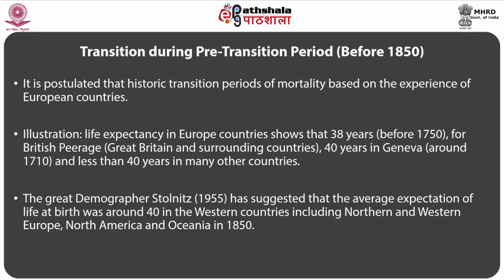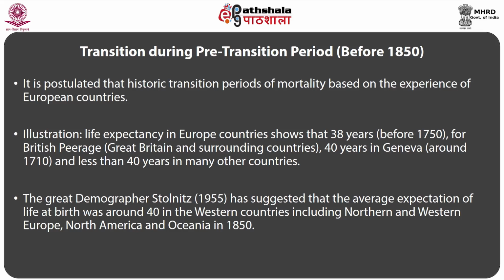Transition during pre-transition period before 1850. The historic transition period of mortality is postulated based on the experience of European countries. As an illustration, examining the life expectancy in European countries shows 38 years before 1750 for British peerage, 40 years in Geneva around 1710, and less than 40 years in many other countries.